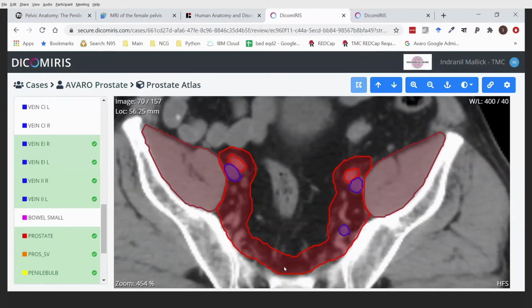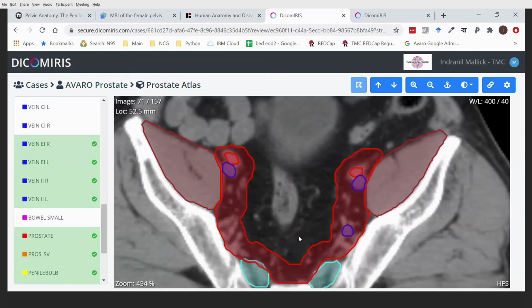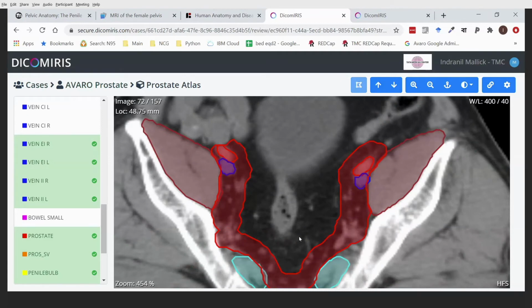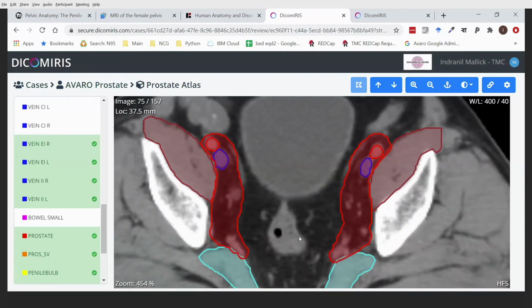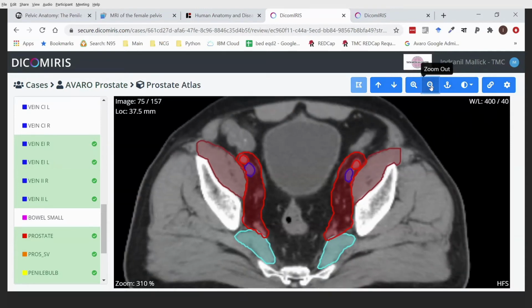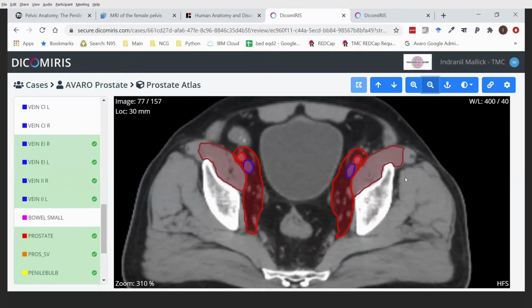And then we continue going down. Now, the external iliac contour will stop here because we've now reached the top of the femoral heads.